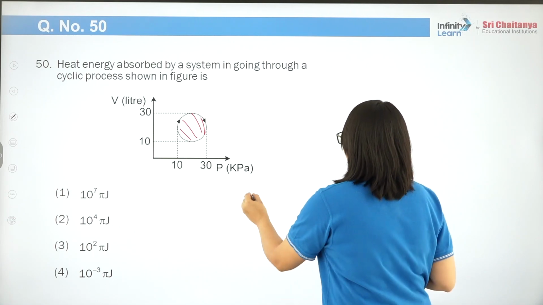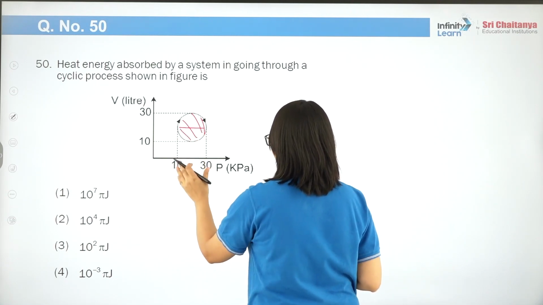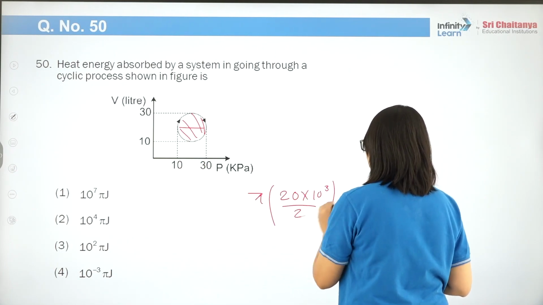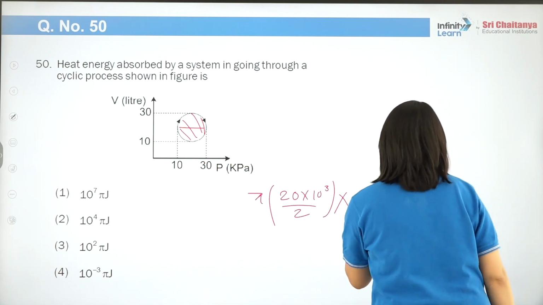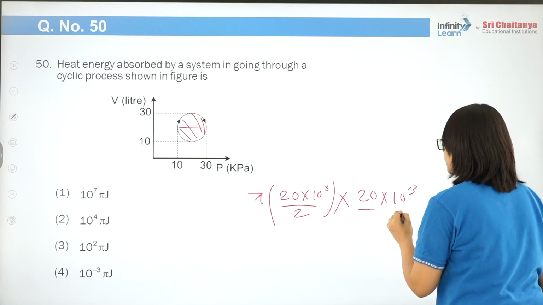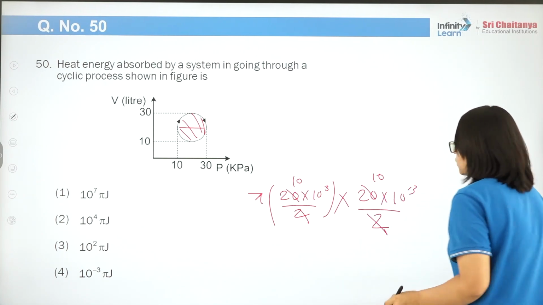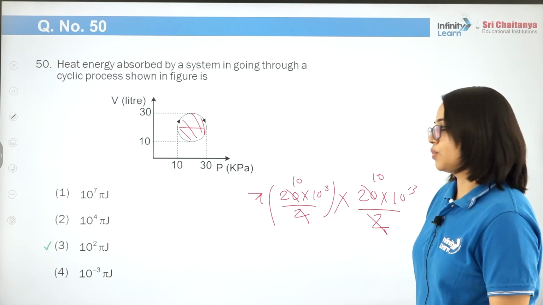So area will be pi into half of this distance, that is 20 into 10 power 3 halved, into 20 into 10 power minus 3 by 2. So this will be 10, this will be 10, and that is equal to 100 pi. So this is 10 square pi joules, which is option 3.